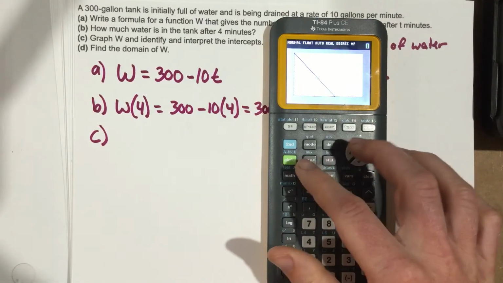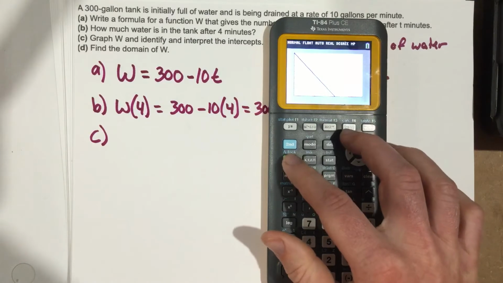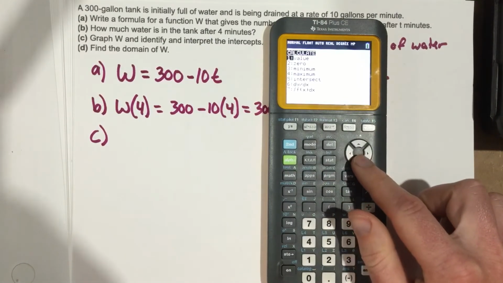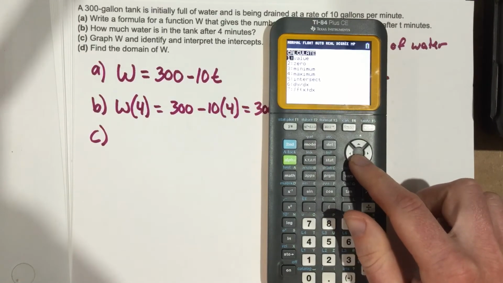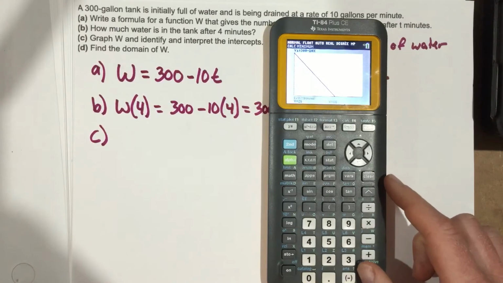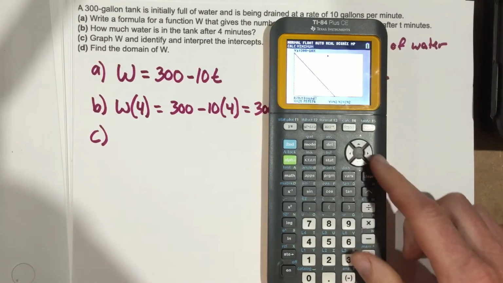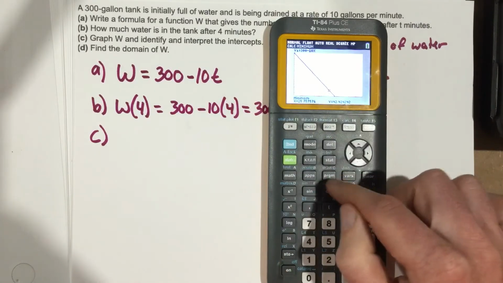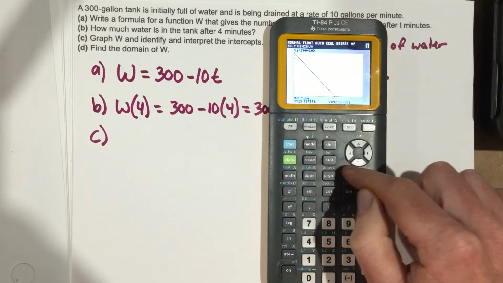Okay, now let's take a look at the calc button, which is right up here. We use second calc. Can we find the minimum? Well, maybe let's not do that. Let's just look at the intercepts themselves.